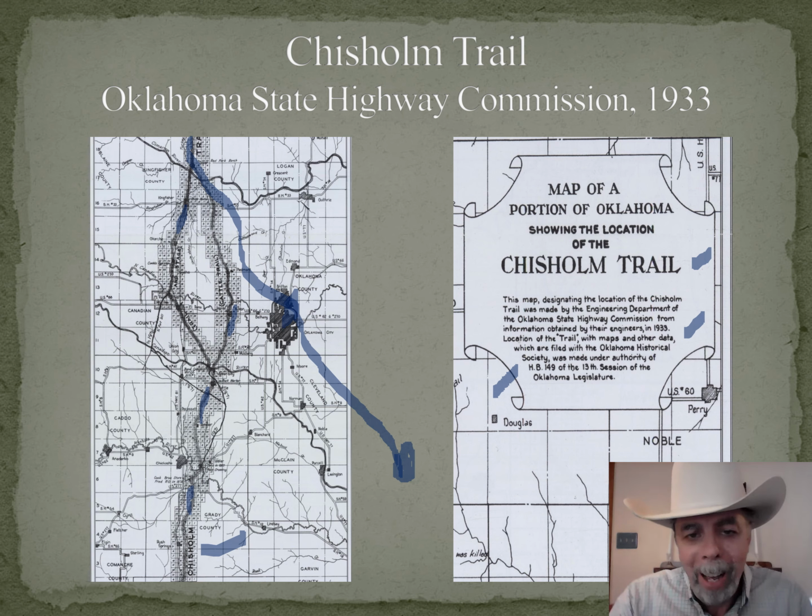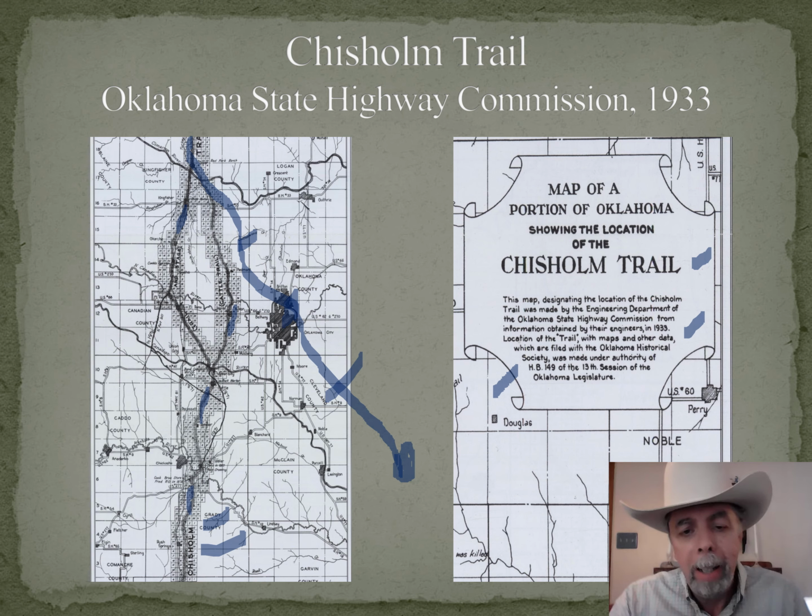So what we apparently have here, since it omits Jesse Chisholm's Trail, the original Chisholm Trail over here, and applies the Chisholm Trail name over here, is that this map represents the 1930s perception or idea of what the Chisholm Trail was thought to be, and does not represent an actual historical representation of the Chisholm Trail.